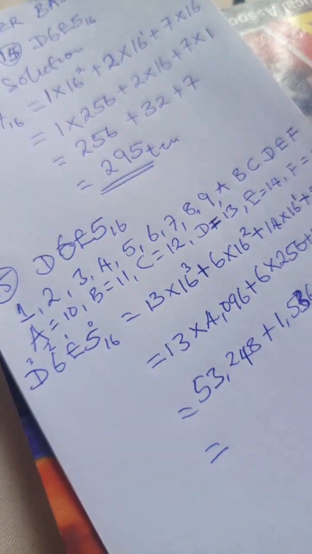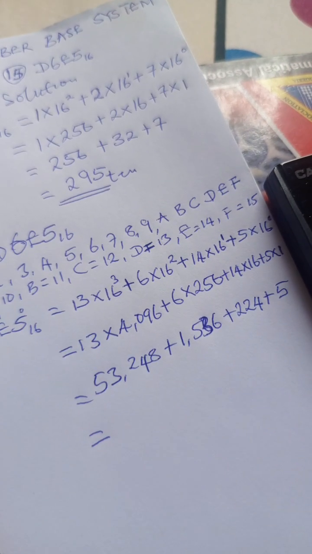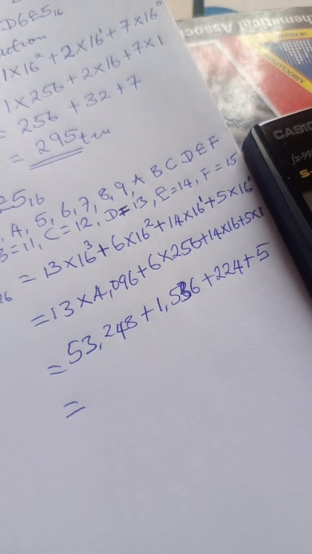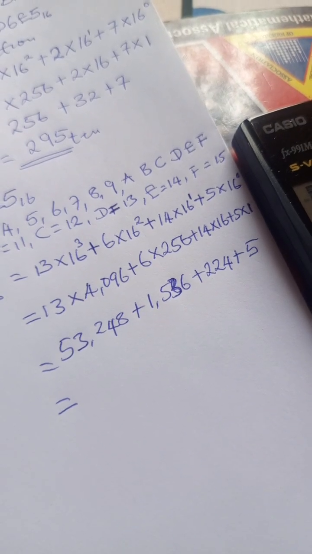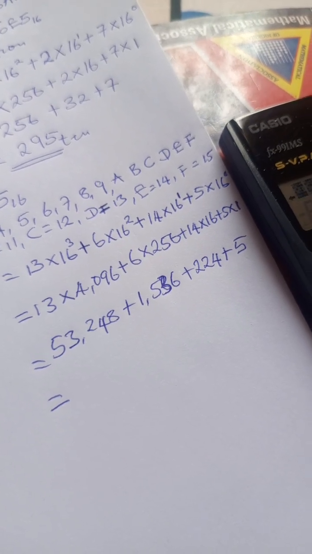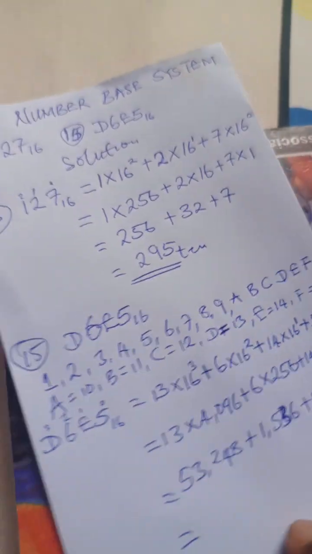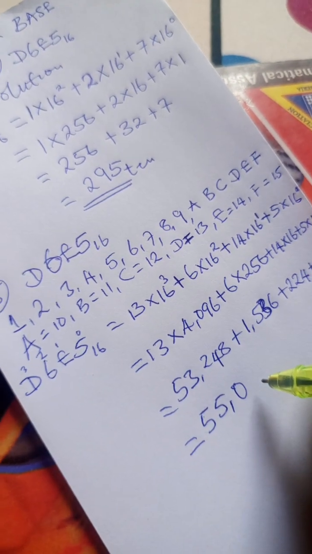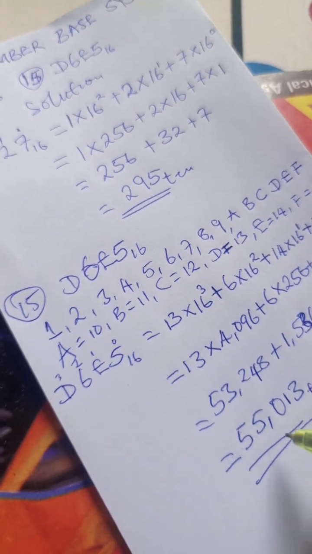So our final answer here will be 53,248 plus 1,536 plus 224 plus 5, which is equal to 55,013 in base 10 as our final answer.